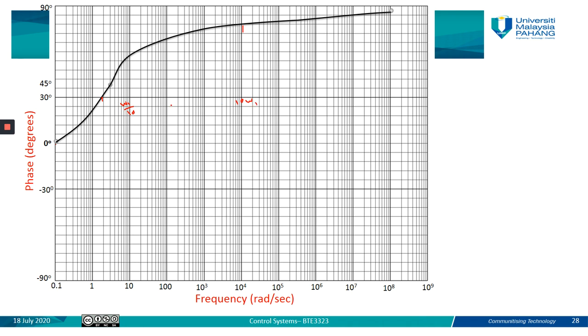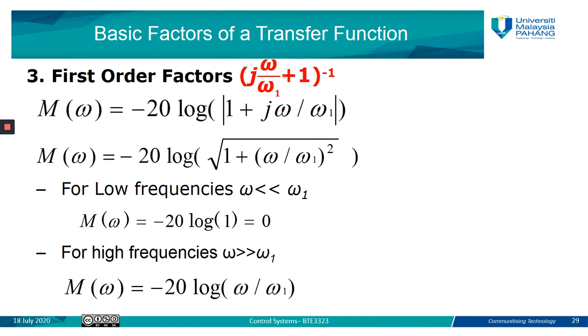So this is how to represent the angle: first 0, then 45, then 90 degrees. This is for the case of the zero. For the case of the pole it will be the same, but the angle will be different. The magnitude here will be negative, and it will be represented by 0 until omega 1.